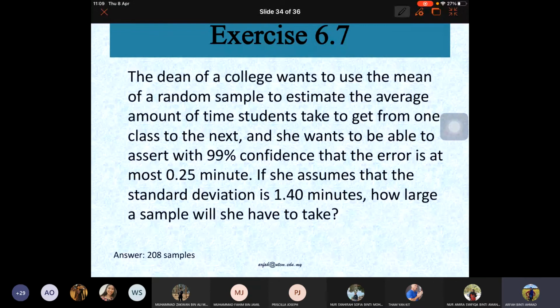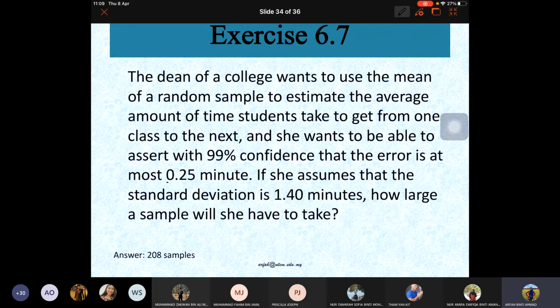So in exercise 6.7, dia kata, the dean of a college wants to use the mean of a random sample to estimate the average amount of time students take to get from one class to the next. And she wants to be able to assert with 99% confidence that the error is at most 0.25 minutes.